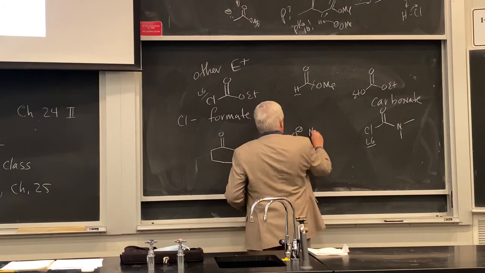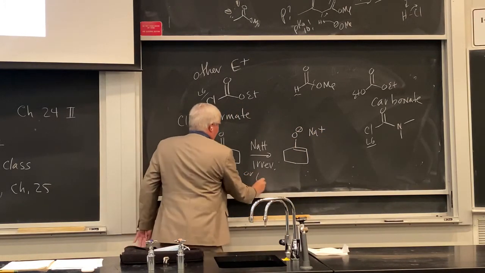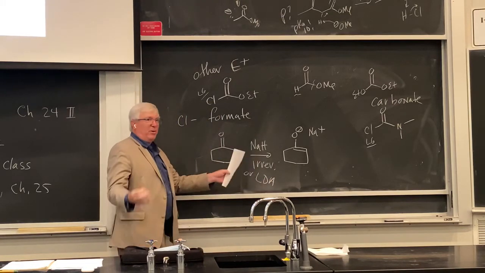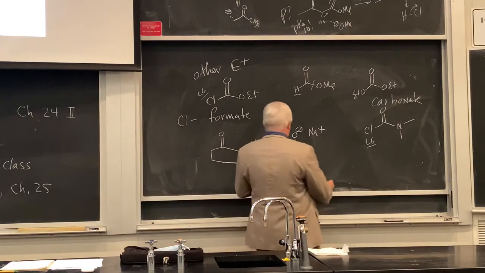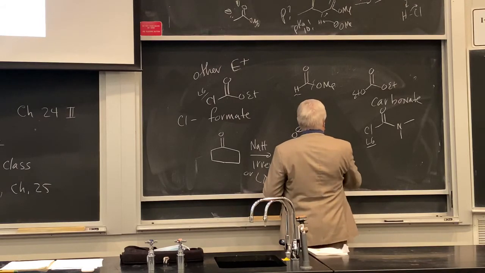And can actually do that at low temperature, or we can do LDA. LDA will let us form the kinetic enolate, but this is symmetric at this point, so you can use either one. And then let's see, which one do we want to do? Oh, how about chloroformate?